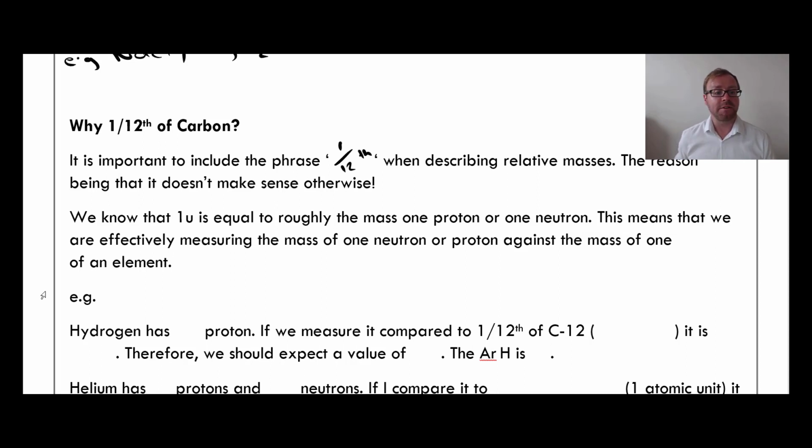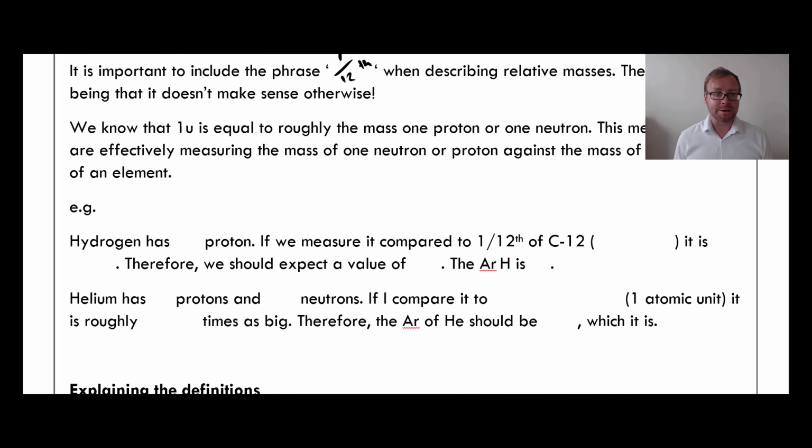This means that we are effectively measuring the mass of 1 neutron or proton against the mass of 1 atom of an element. If we look at the mass number of carbon, we know it's 12, so 1/12 would be 1. And there are 12 protons and neutrons in carbon. That's where we get this 1/12 from.